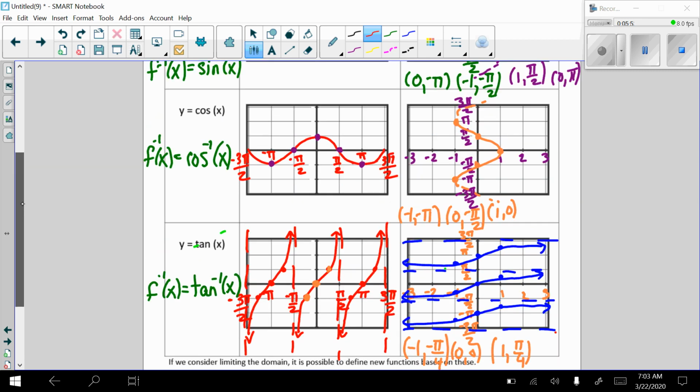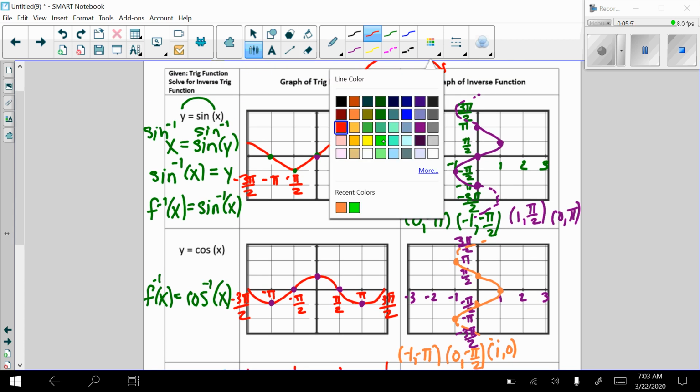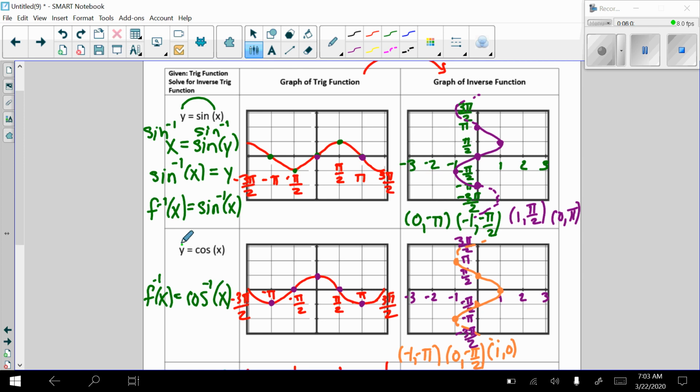So if we look at restricting the domain of the original functions, the inverses will be functions. So the principal values for a sine function go from negative pi over 2 to pi over 2. If we restrict the function to that domain, and then we look at the inverse function, we would only be looking at this part of the graph between these green lines.